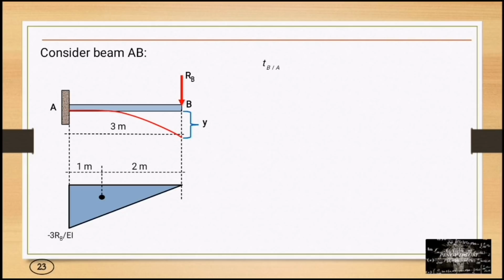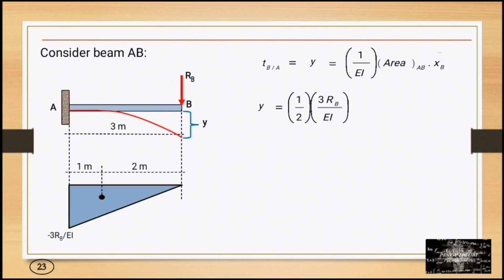Then the centroid, yung TBA is equal to y is equal to 1 over EI times the area between A and B times the centroid from point B. So yung y is equal to 1 half times 3 times reaction B over EI times 3 times the centroid. So we have 2 meters from point B. So y is equal to 9 times RB over EI.